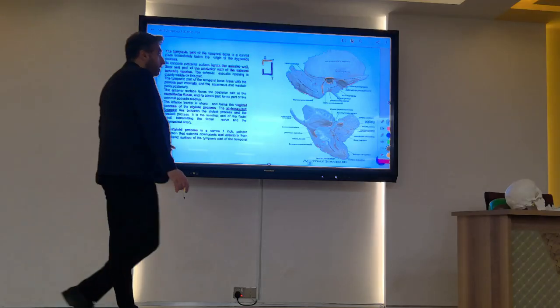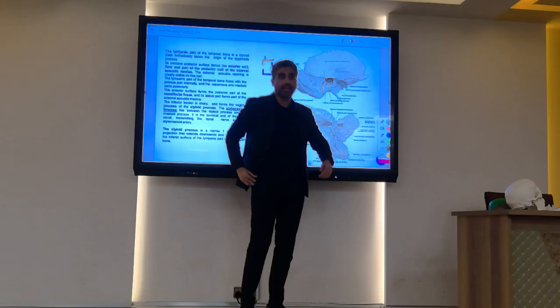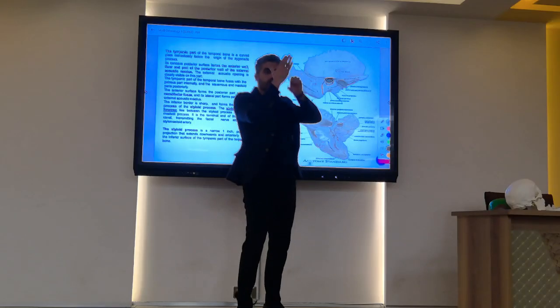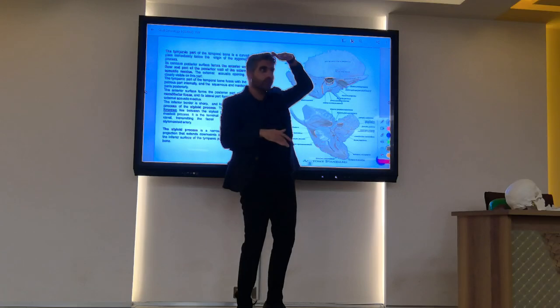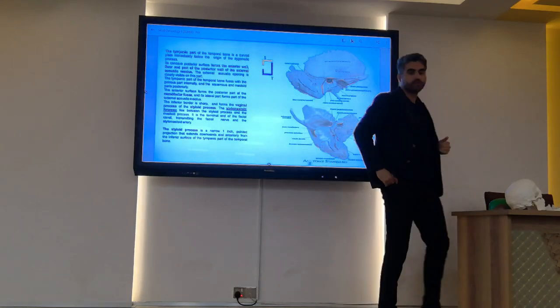We are talking about this canal, the external acoustic canal. I told you this canal has walls, okay? Anterior, inferior, and posterior is tympanic, but superior and a little posterior is the squamous part.